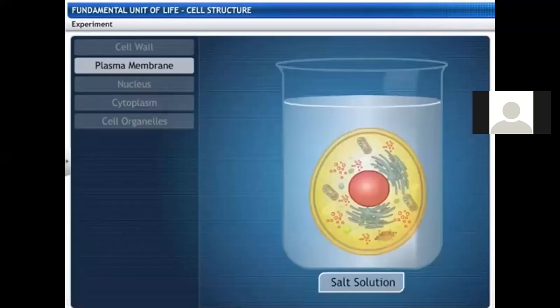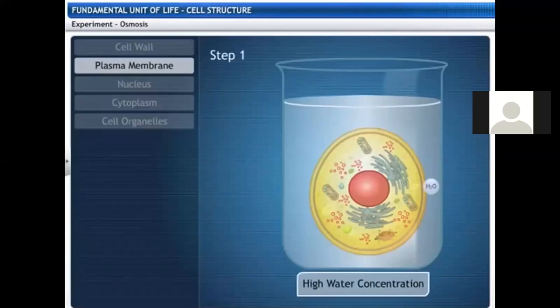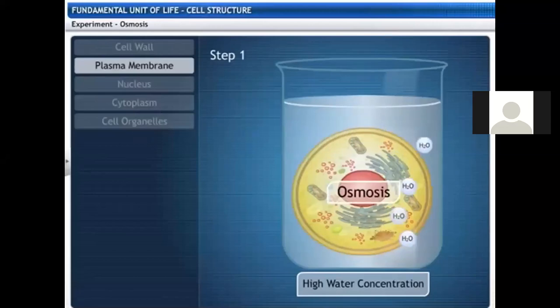Let's try this out. See what happens when the cell is placed in salt solution. One of three things could happen now. If the medium surrounding the cell has a higher water concentration than the cell, the cell gains water by osmosis and swells.